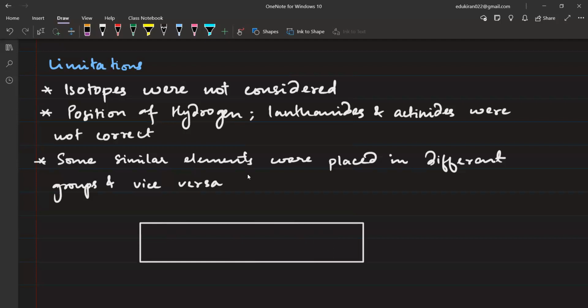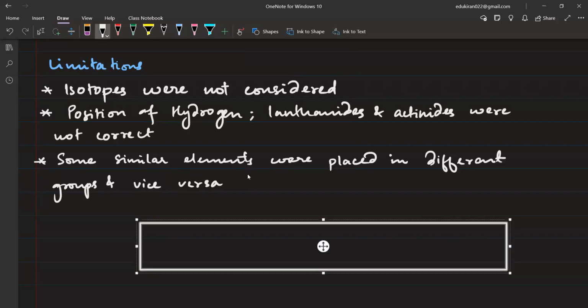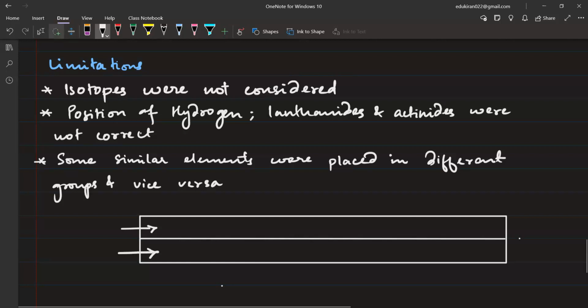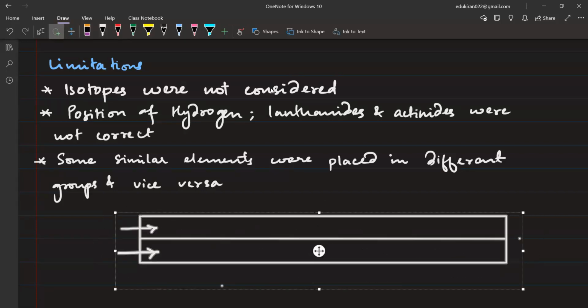These are the F block elements. If you see the modern periodic table, there is a block like this at the end, right? This first row is known as lanthanides, and this row is known as actinides. So they were not given a particular place in Mendeleev's periodic table.